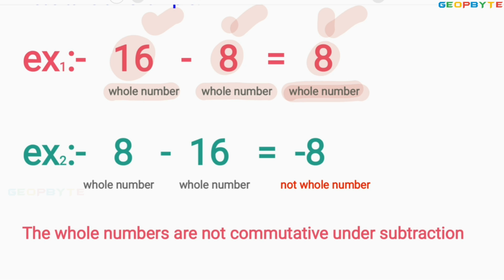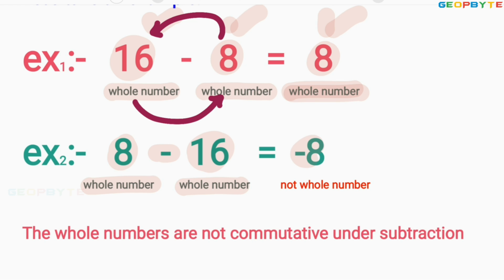But if I interchange like this, 8 minus 16, of course 8 is a whole number and 16 is also a whole number. But 8 minus 16 is minus 8. Minus 8 is not a whole number because the whole numbers are from 0 to infinity only.